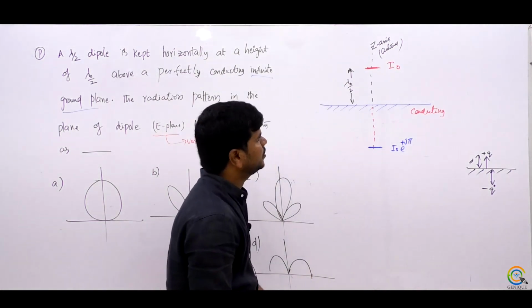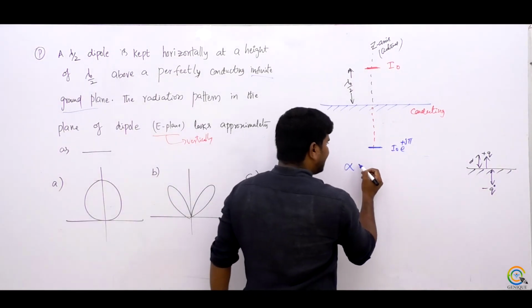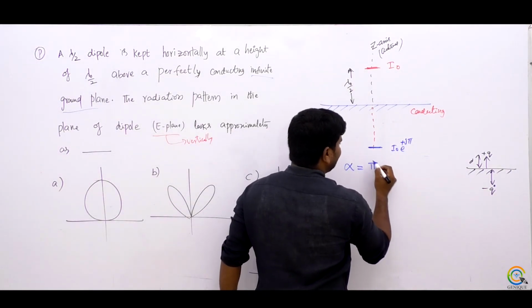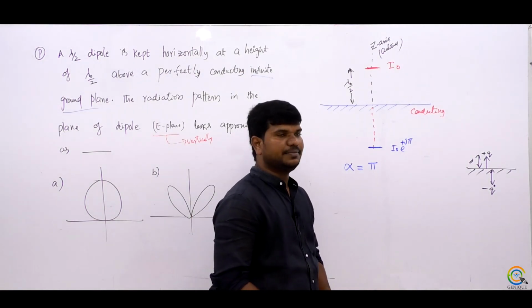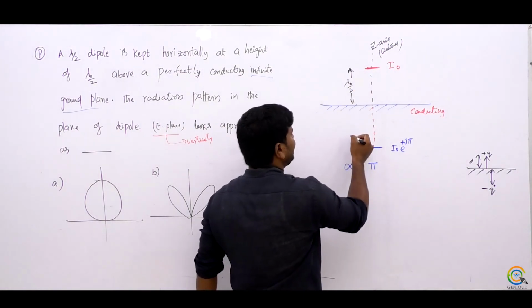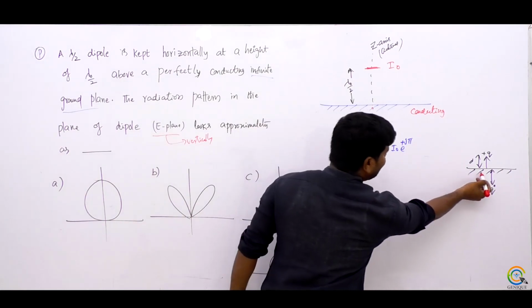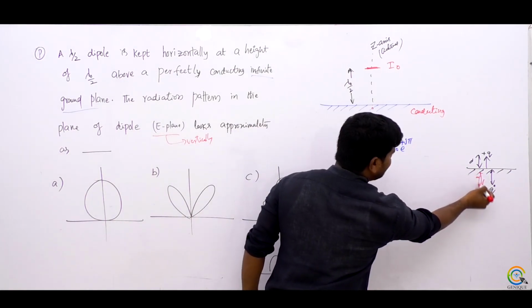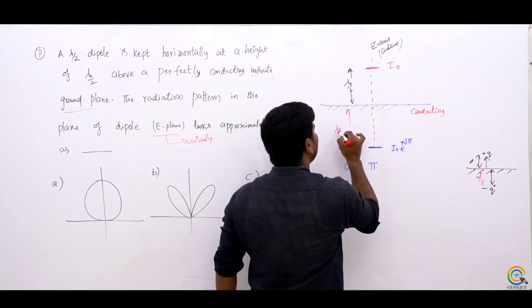This is the phase difference, so indirectly he has given that it is pi. Now what is the distance? At the same distance the image will be produced, right? So here also the distance would be lambda naught by 2.